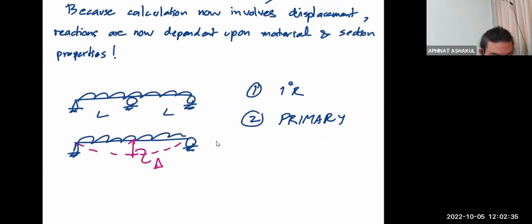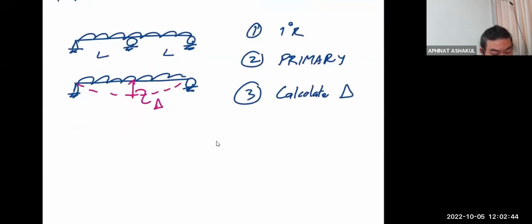Step number 3 is just to calculate this delta. And step number 4. Remember, step number 3 has the external load on it. It's the displacement caused by the load. But step number 4 is the displacement caused by your reaction.